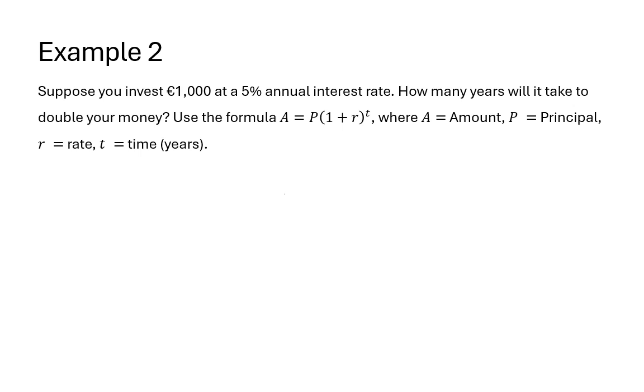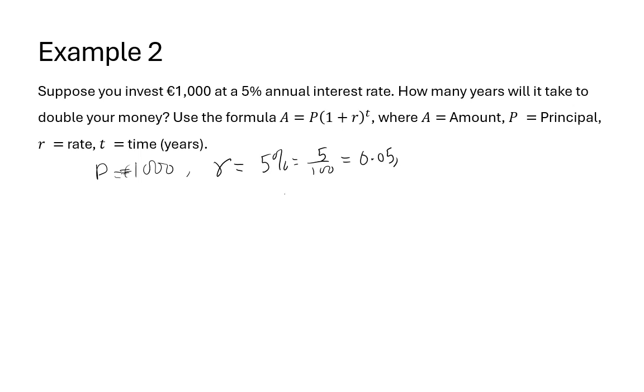Let's extract what we have. Suppose you want to invest 1,000 euros, so your P is 1,000 euros. Then at a 5% annual rate, so your rate is 5 divided by 100, which is 0.05.